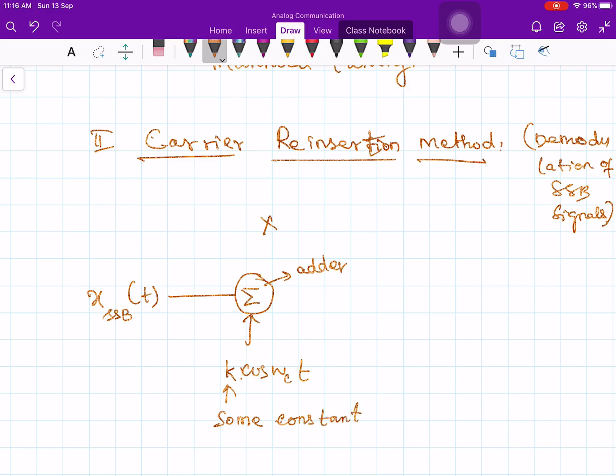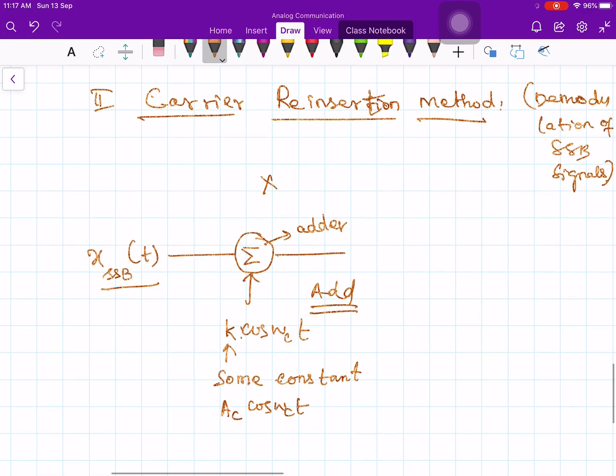You can use a suffix c times cos omega ct, doesn't matter. Now the output contains summation of the input signal and the carrier component. Okay, so instead of multiplying with the local carriers, we simply add. We are doing the addition with the local carrier.